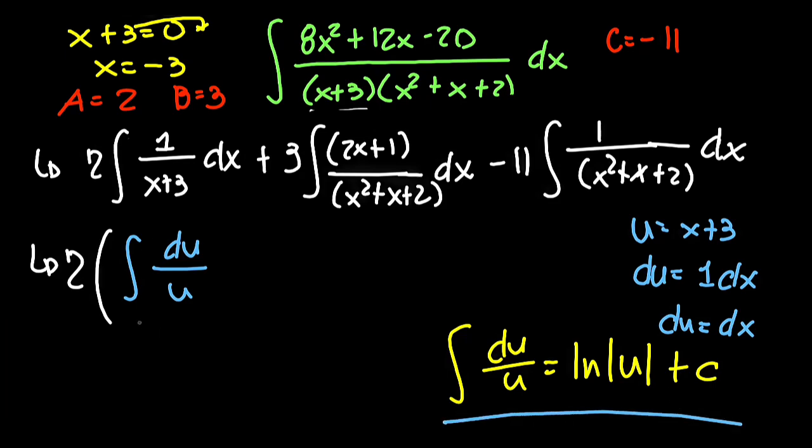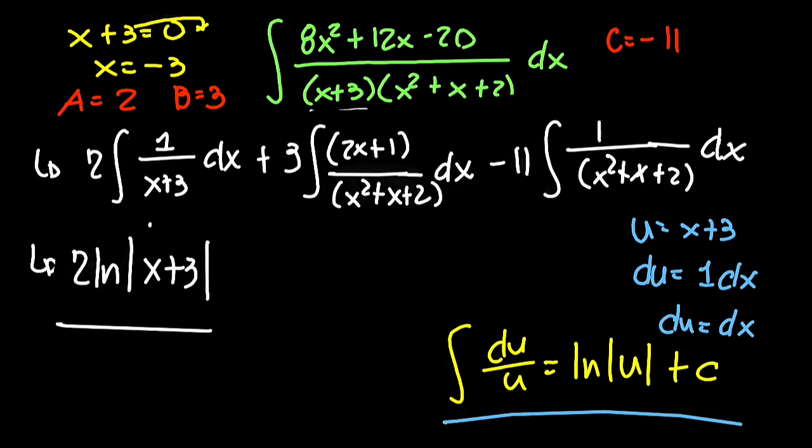And by that, the integral of du over u, according to the formula, would be equal to ln of absolute value of u. Don't put plus c yet because we have other parts of the integral to solve. And for the final answer, put u back first into its original form, which is x plus 3. And our integral for this first part would be equal to 2 natural log of absolute value of x plus 3. This is the answer for the first part.